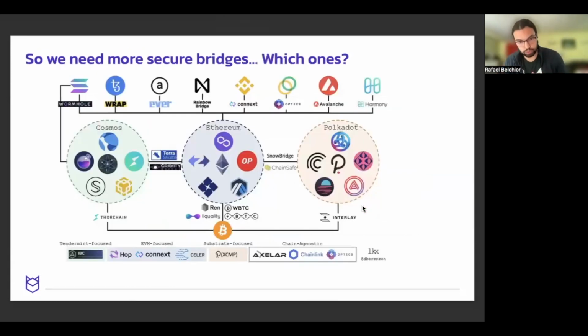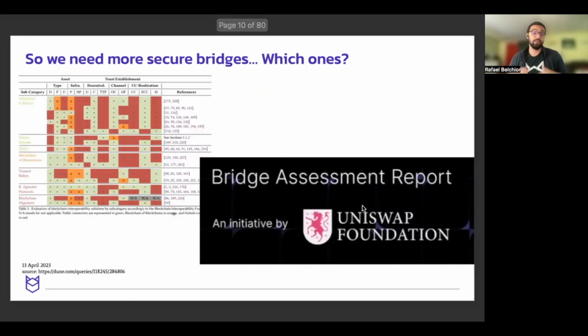So we need more secure bridges. Which ones should we pick, or which direction of research should we follow? There's no easy answer because there's such a big variety. However, there are by now a lot of studies systematically comparing cross-chain solutions and cross-chain bridges. Some are more academic in nature, like our 2021 survey.